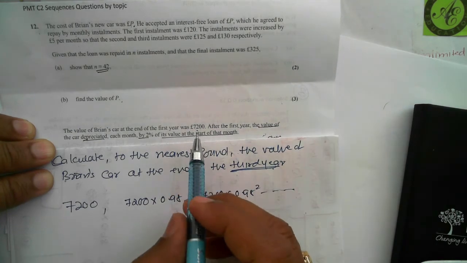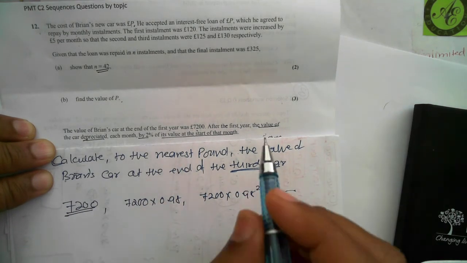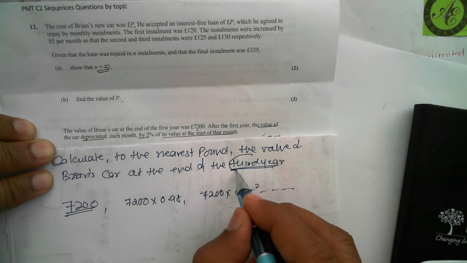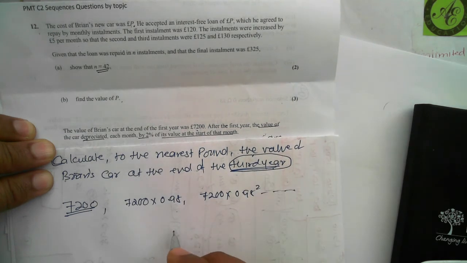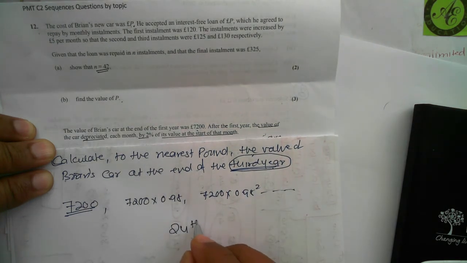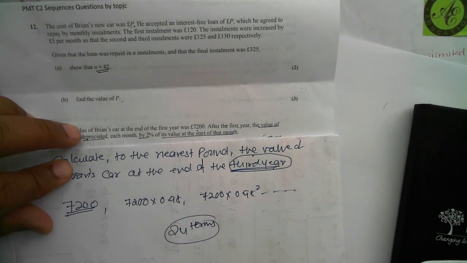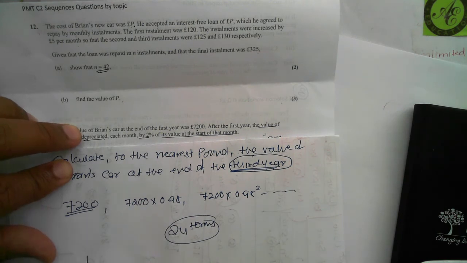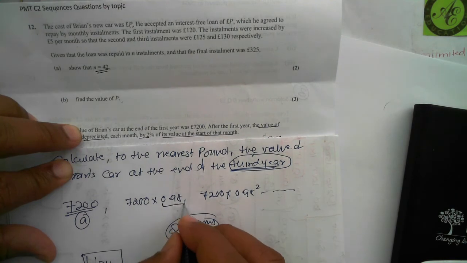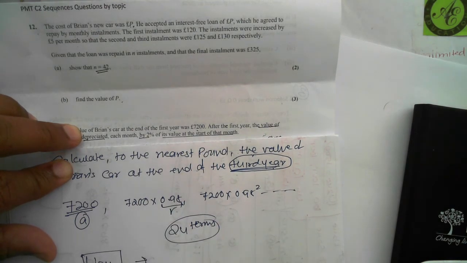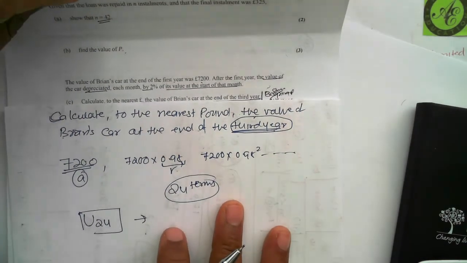At the end of the first year, the value of the car is this, and we're going to find the price of the car at the end of the third year. That means there are 24 months or terms of this series. That means we're looking for U24, where this is A and this is R. So work that answer out. U24 is what you're looking for.